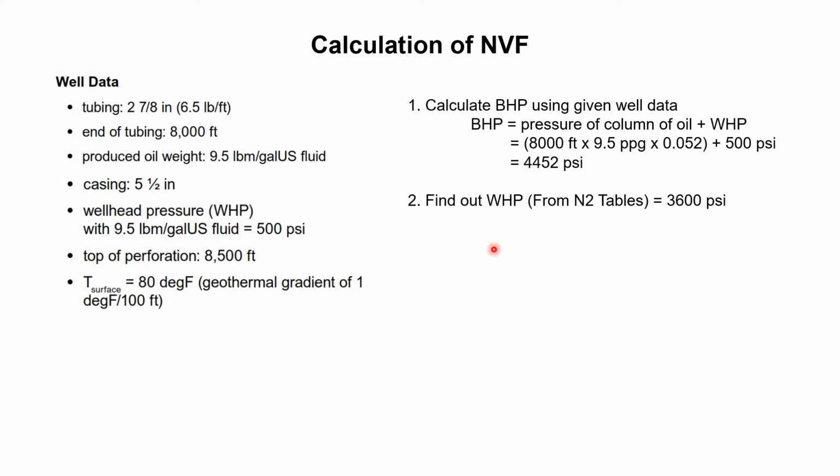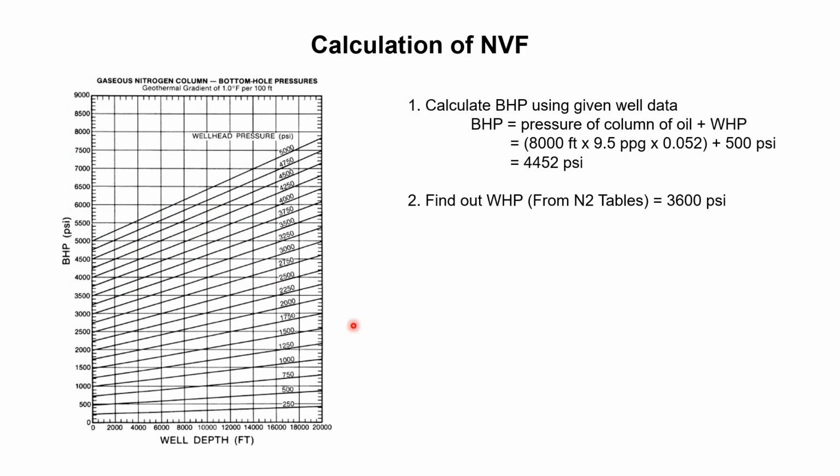Next step is we have to find out the wellhead pressure from the nitrogen table. So for that we will use this nitrogen table. We have the nitrogen engineering book, in which we have the charts for different bottom hole pressure and well depth.